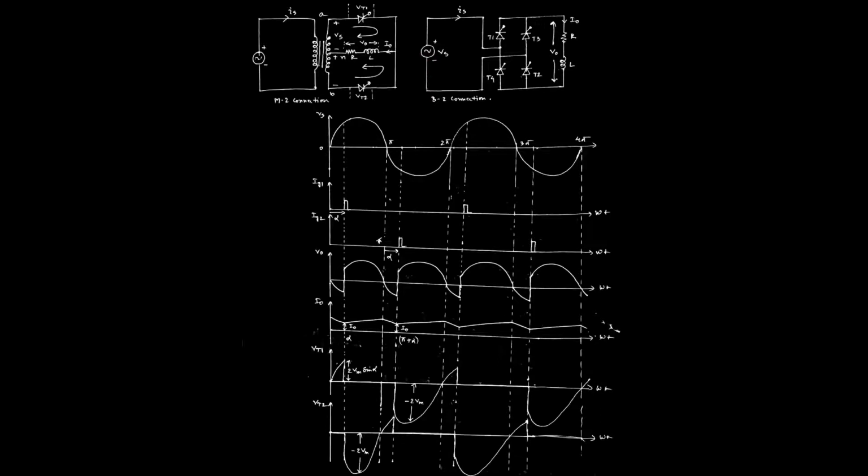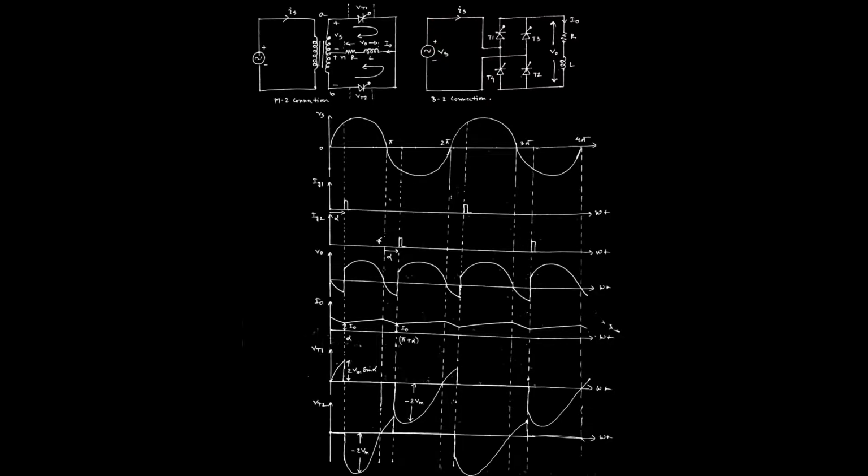The supply voltage goes negative, that means it will be positive and negative in this way. The current flows from the supply to thyristor T3, through the load, and back to the supply through thyristor T4. So this is the direction of the current.